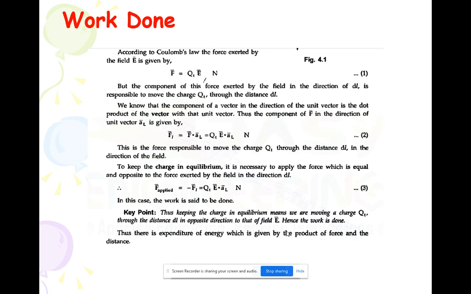The component of a vector in the direction of a unit vector is the dot product of the vector with that unit vector. Here the unit vector a_L represents the direction of movement of the charge from one point to another, and the suffix L denotes the length of the movement.